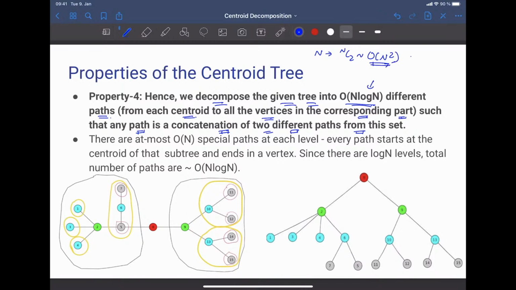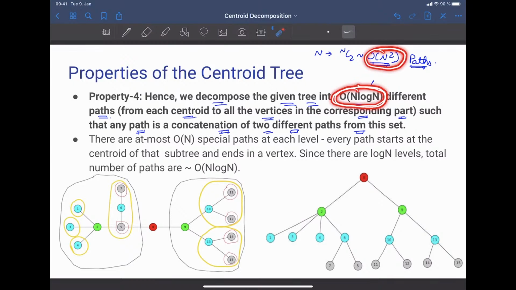The claim here is that any path from these n square paths can be represented as a concatenation of two paths from a smaller set of n log n paths that we have processed, that we know about.